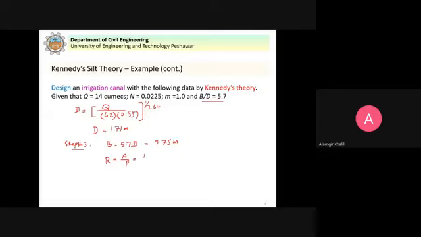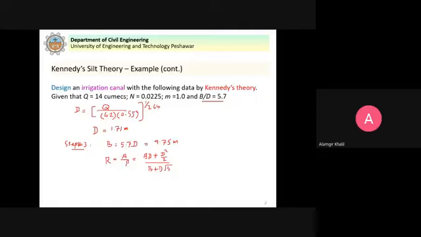So this will be equal to B times D plus D square by 2, divided by the wetted perimeter, that is B plus D into square root of 5.